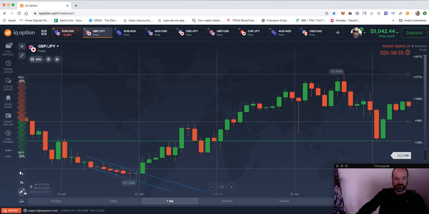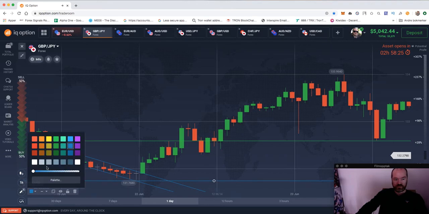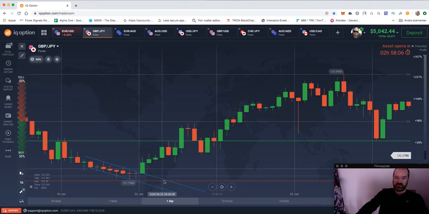We make one more line. We put it a little below. Let's have something to go on. And we make this one red. So that means the most we can lose in this case will be the distance from here to down here. The profit is not 2 to 1, but it's maybe 1.5 to 1. Still, it's good. So that's one way to take a short one.